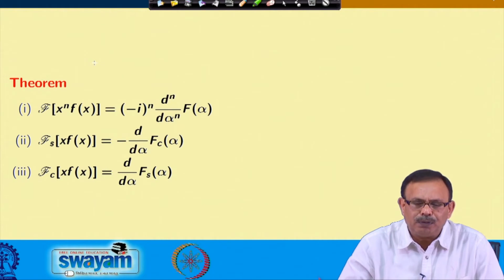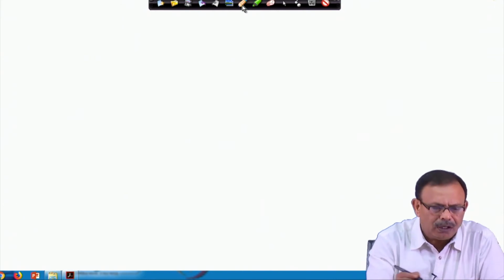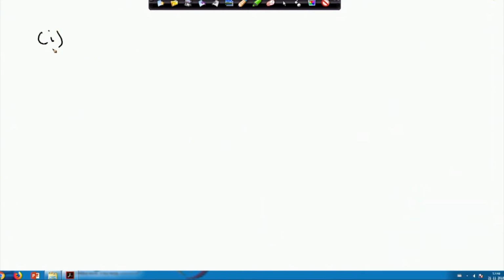Let us see the proof of the first one. We know from the definition that F of alpha is 1 by root 2 pi, integral from minus infinity to infinity of f x into e to the power i alpha x dx.